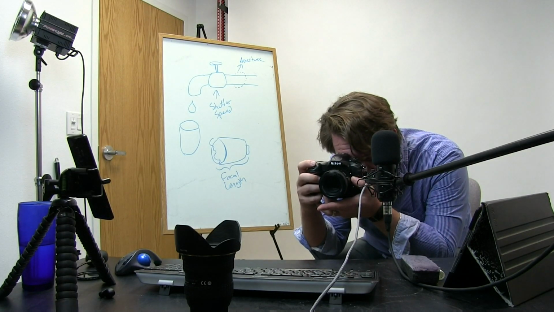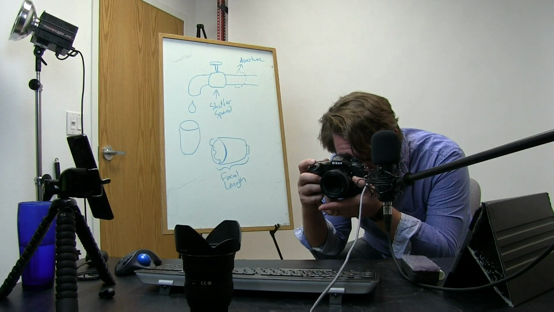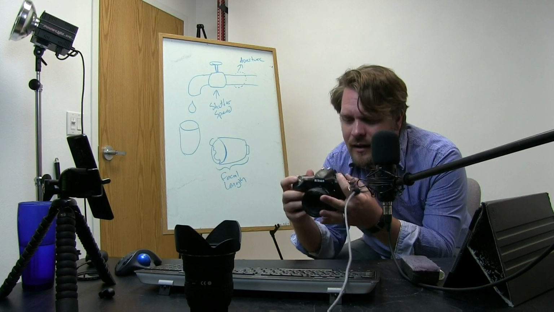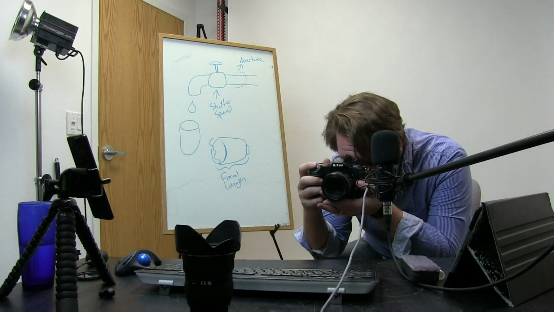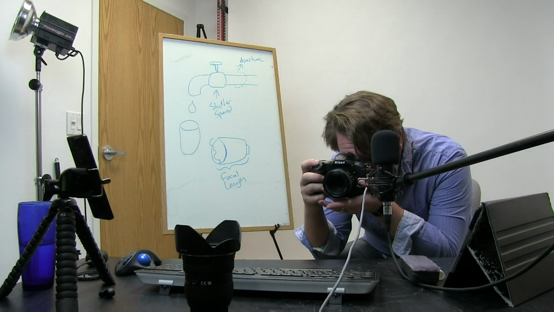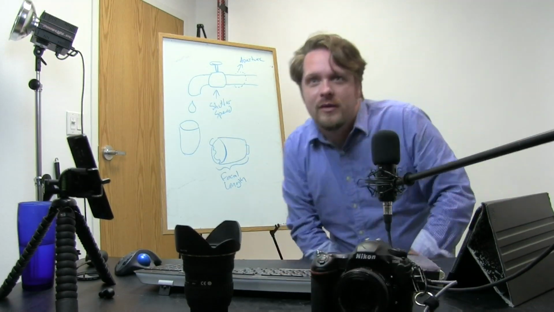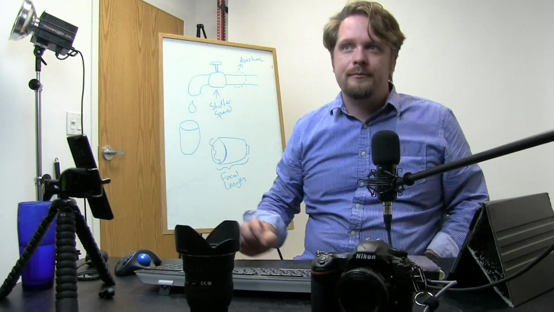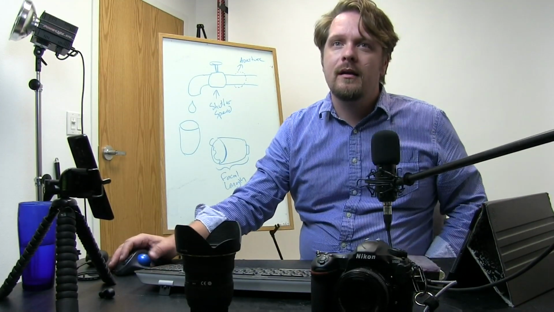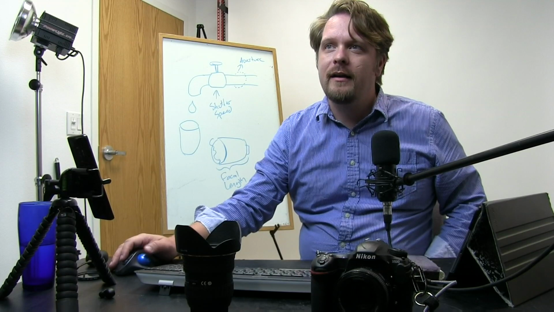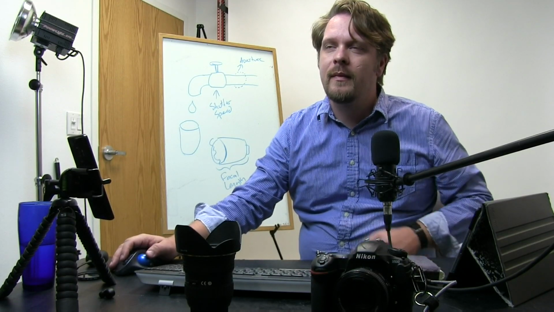How about that? And here's a trick. If you have to use a slow shutter speed, get a lot of shots, and one of them will come out hopefully not blurry. We call that spray and pray.